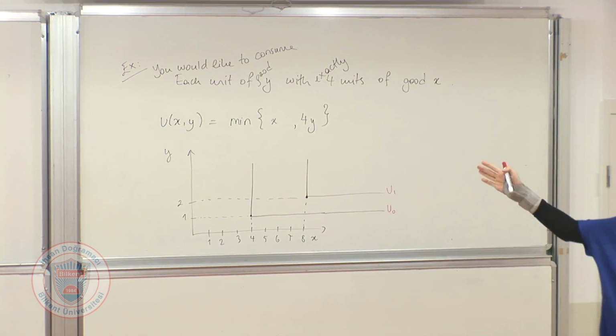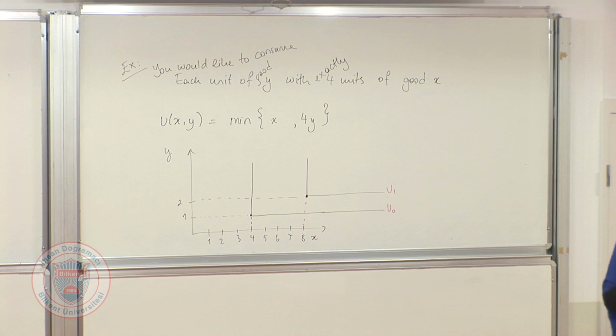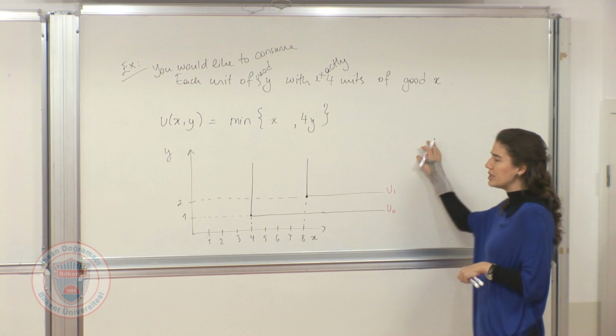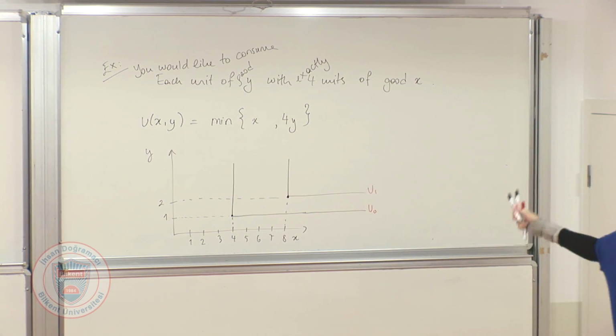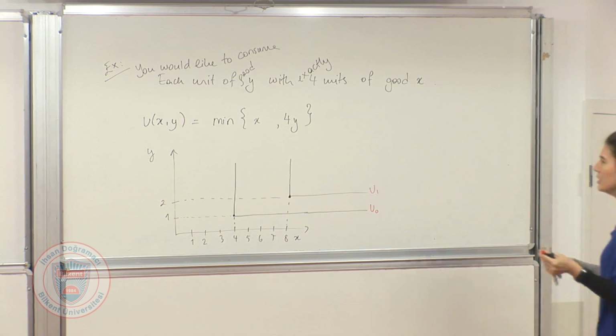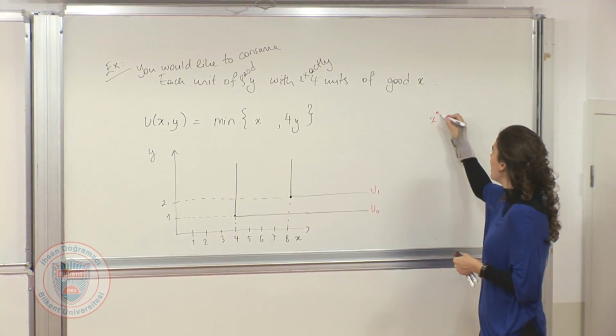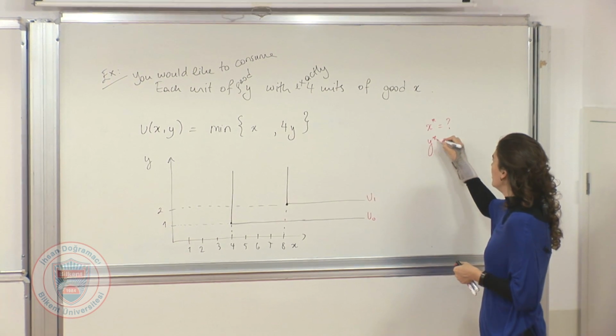Now, remember, this is how we were solving the utility maximization problem. We were using the Lagrangian. Can we use it here? Suppose we would like to figure out the optimal bundle, x star, y star.